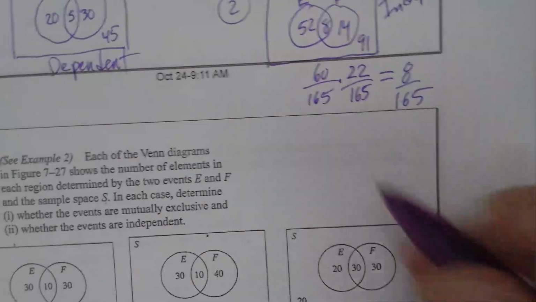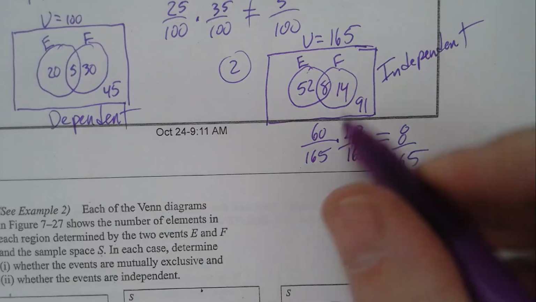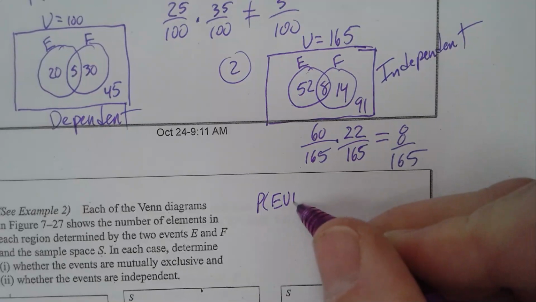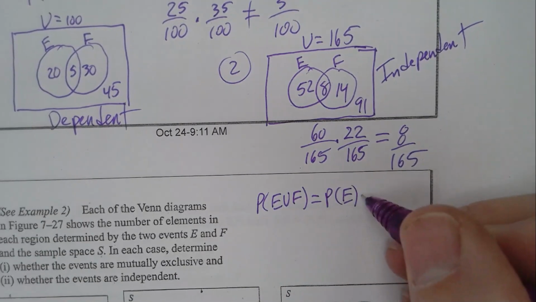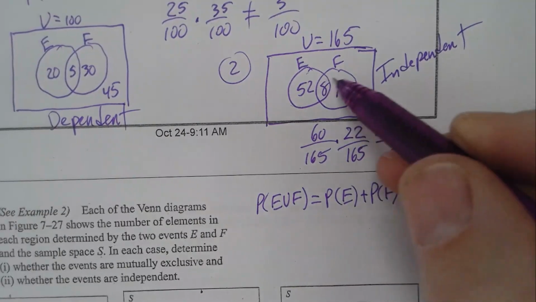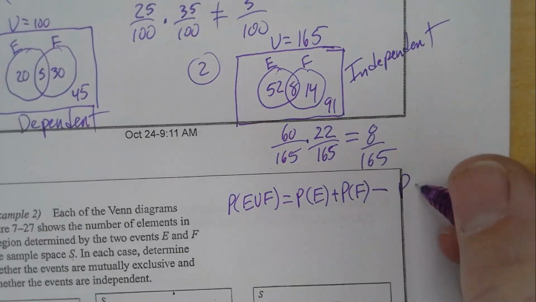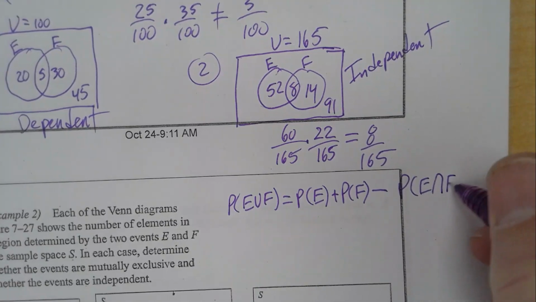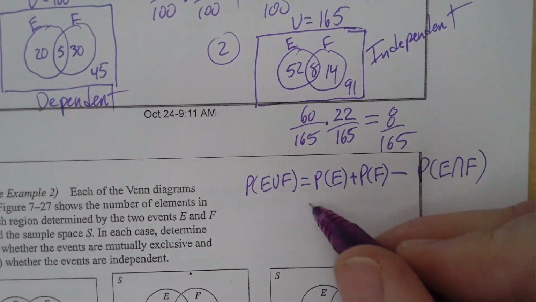It also follows this scenario here. This is like the number of things we did with the overlap and all that. So probability of E union F is equal to the probability of E plus the probability of F minus, so if you do E and you do F, that means you've counted that section twice, minus the probability of E intersect F. Okay, so this should be true.